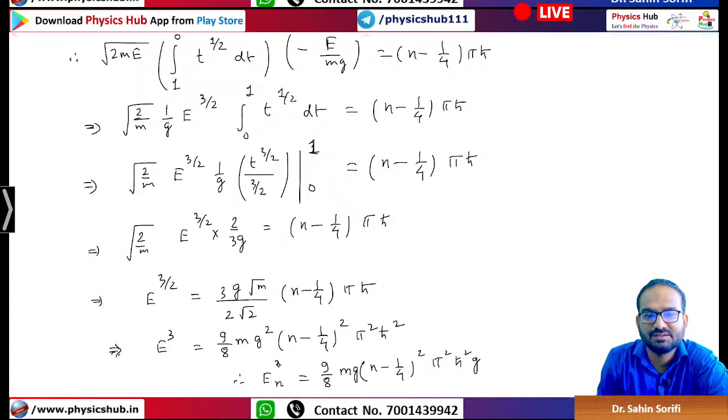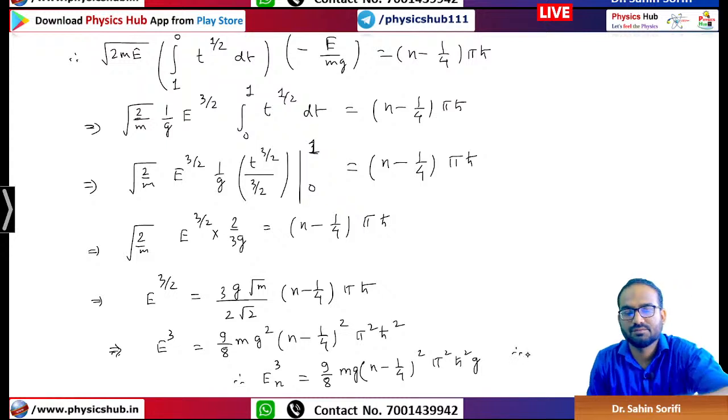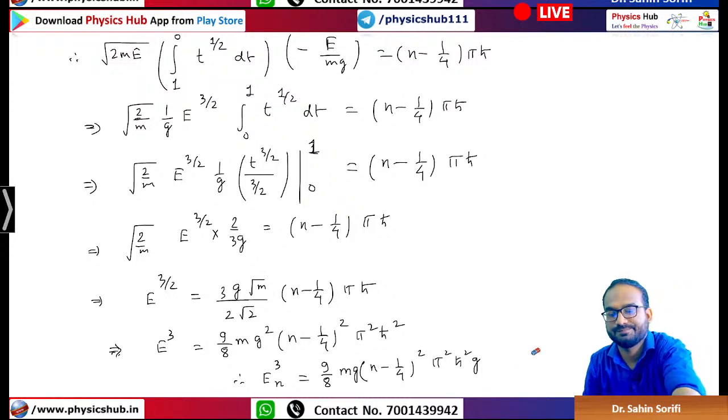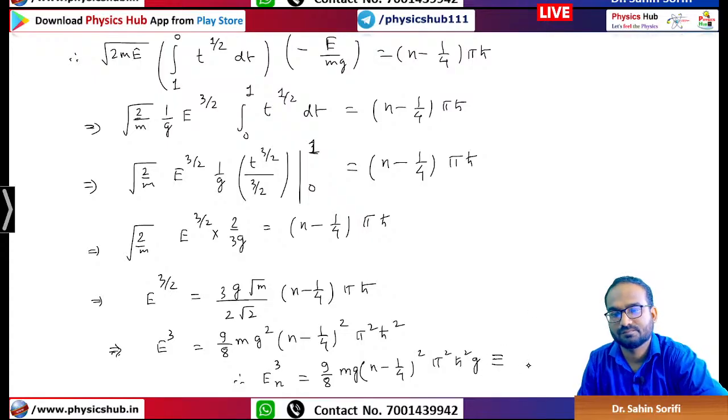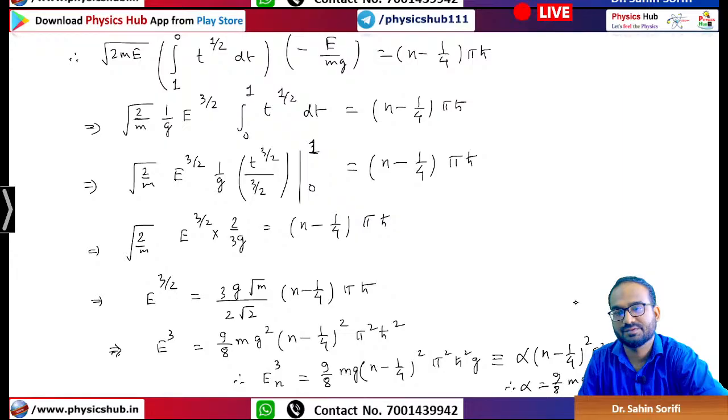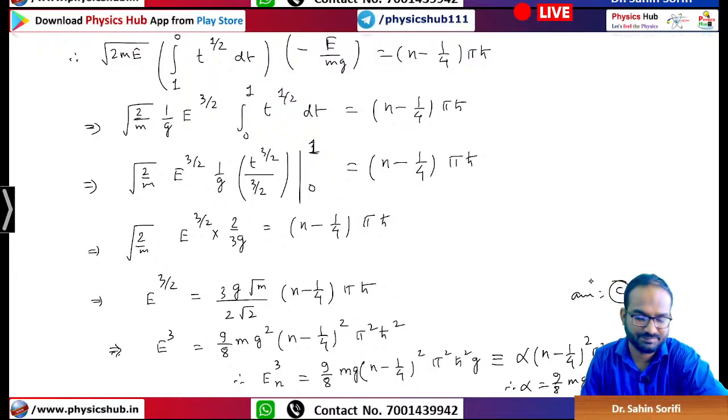So it is E n cube. So if you compare it, alpha (n minus 1/4) whole square pi square h cut square into g. So alpha is equal to 9 by 8 mg. That is matching with option C.